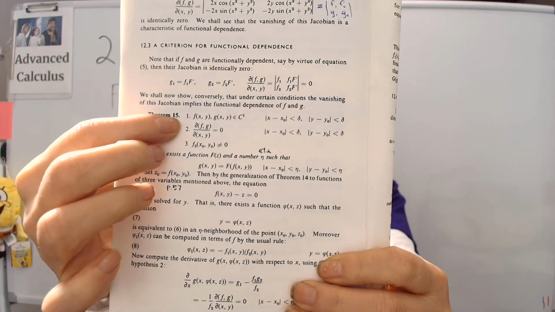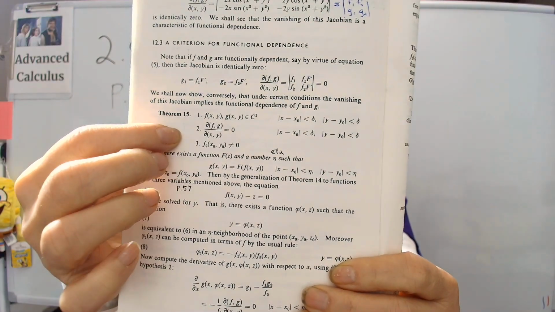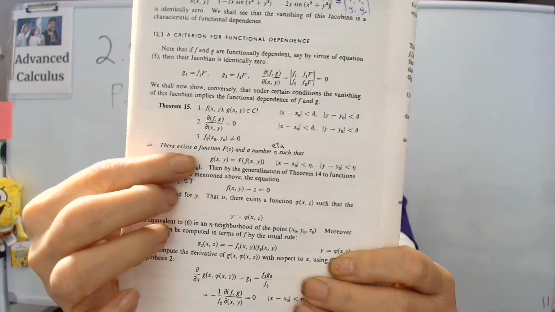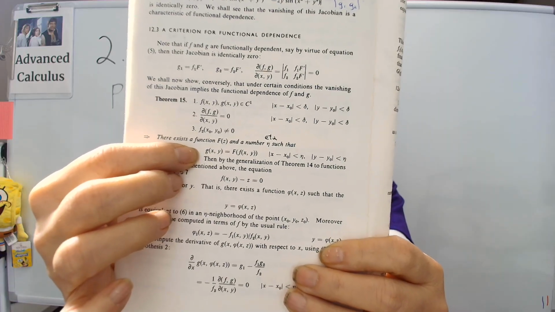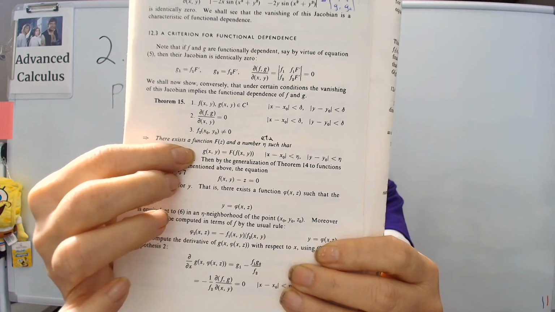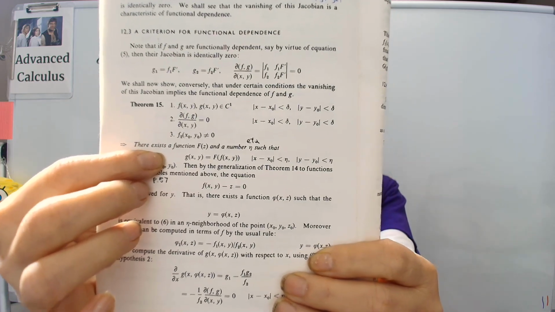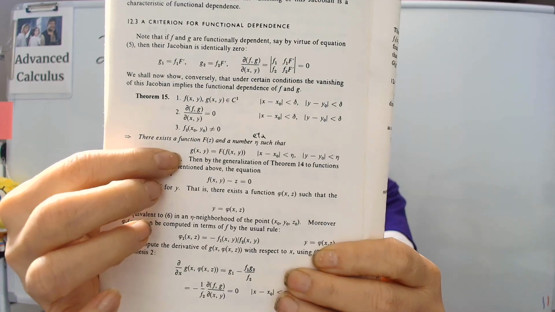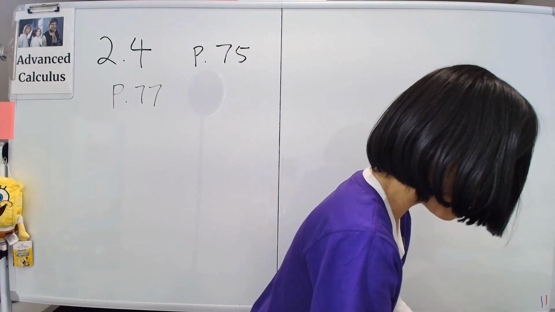That is, if you have two functions and some Jacobian is 0, but some partial derivative is not 0, then one function can be represented with the other. That is, there's a third function of only one variable, such that you can stuff one into the big function and the other one comes out. So that is what we're going to use.